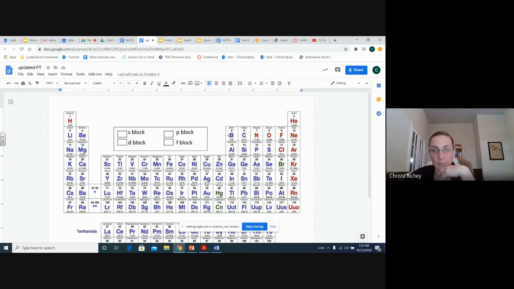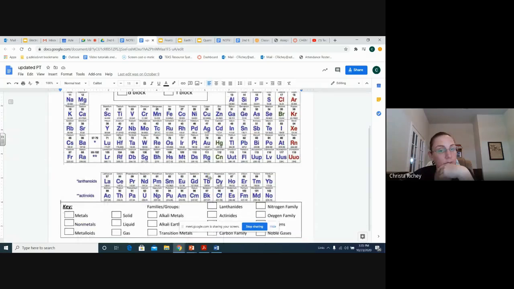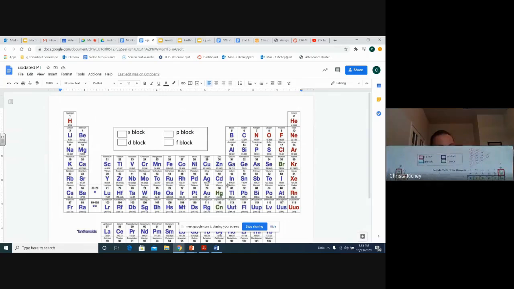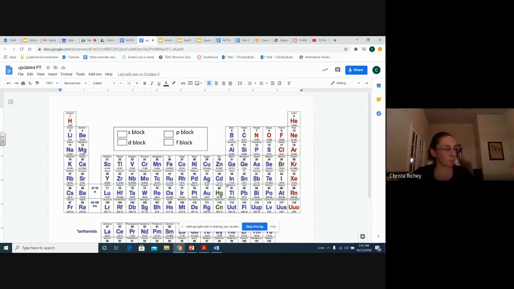I'm so sorry, but they are 1, 2, 3, 4, 5, 6 elements wide. They can hold 6 electrons. These are your transition metals. They are 10 wide. These are your F block, which are 14 wide. The periodic table actually breaks it up for you. You just haven't done this yet to your actual periodic table.